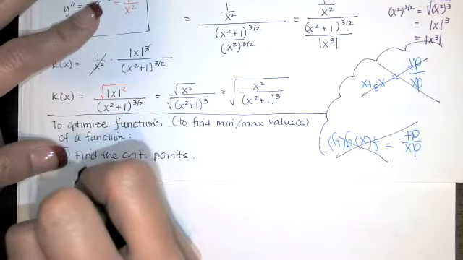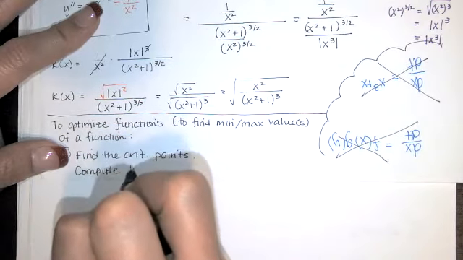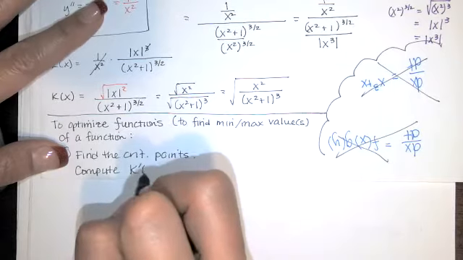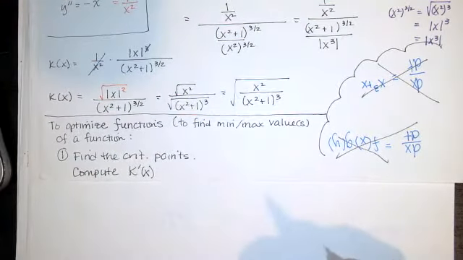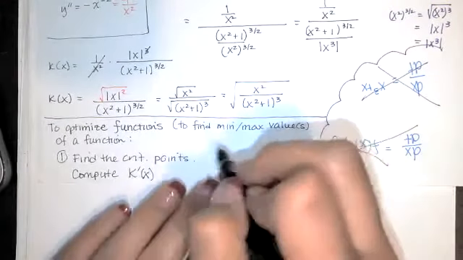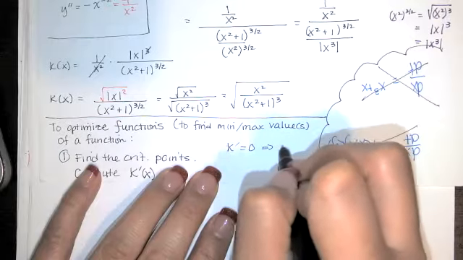So to find critical points, we compute the derivative of the function of interest. In our case, it's the curvature function. We compute k prime. We set k prime equal to 0 and solve for x.